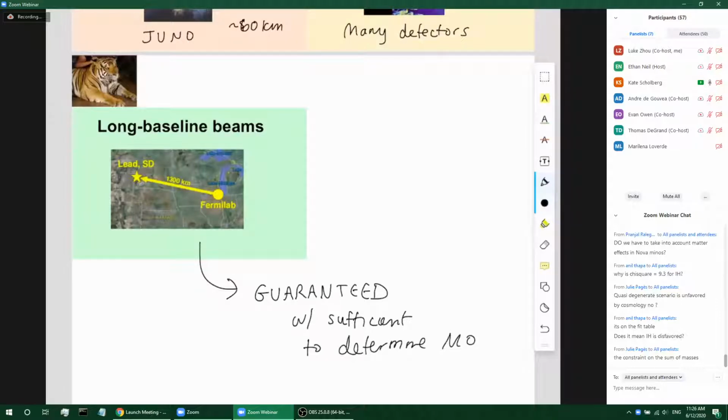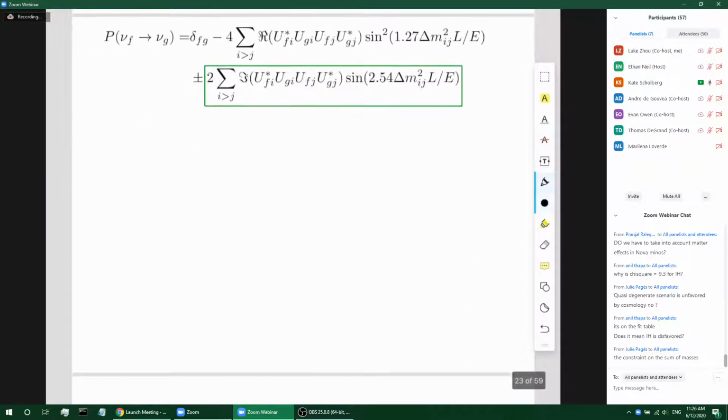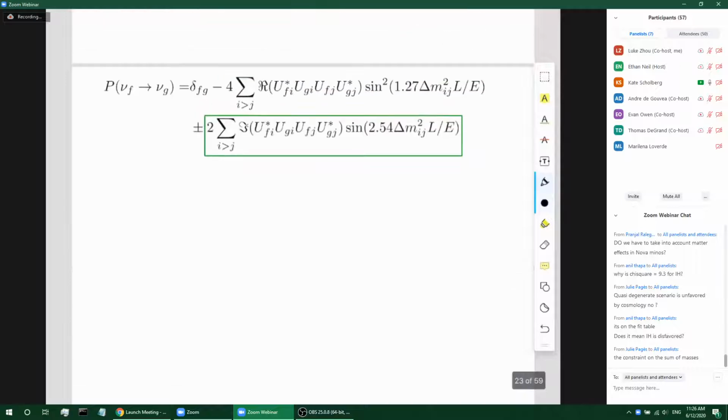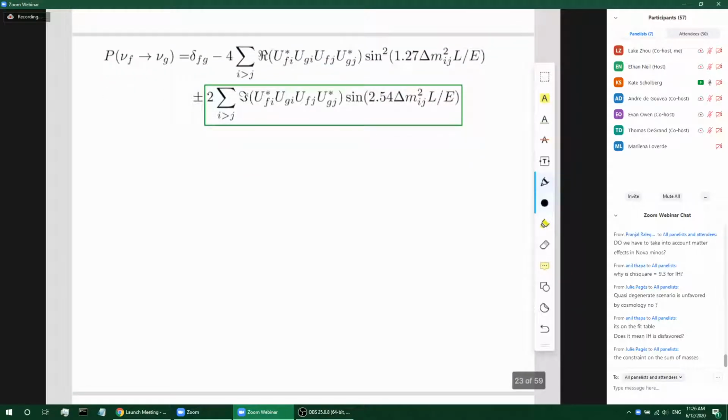It's really potentially a very clean signature. Okay, and it's tangled with CP. Let me say a little bit about CP violation.